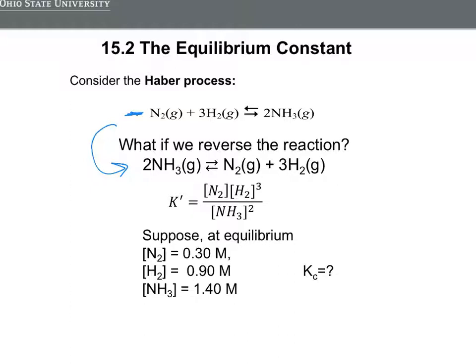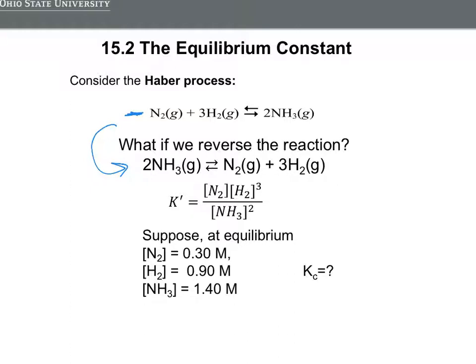So we should end up with a K value, and in this case, we're using K prime to signify we've reversed the reaction. And we still have products over reactants, so it's N2 times H2 cubed divided by NH3 squared.